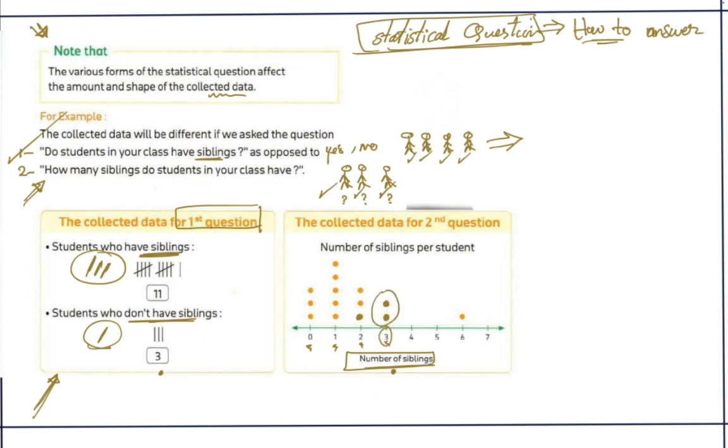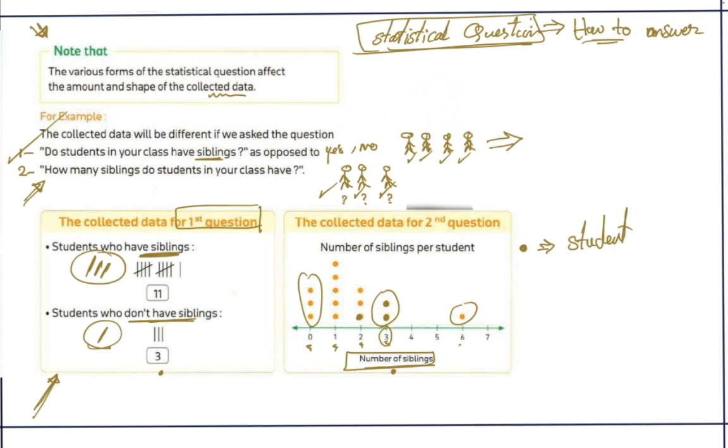Now, how many students have 3 siblings? It's 2 students, because every dot stands for one student. How many students don't have any siblings? We have 3 students who don't have any siblings. How many students have 6 siblings? Just one student, and so on.